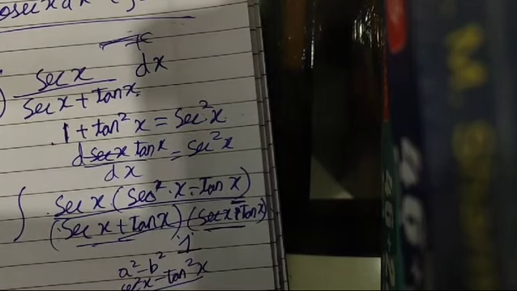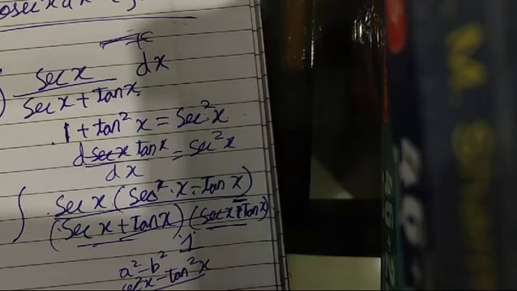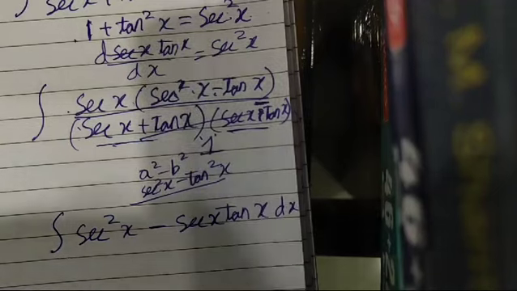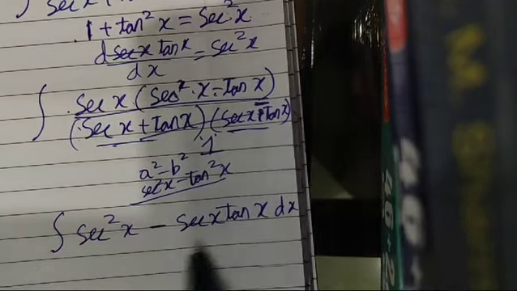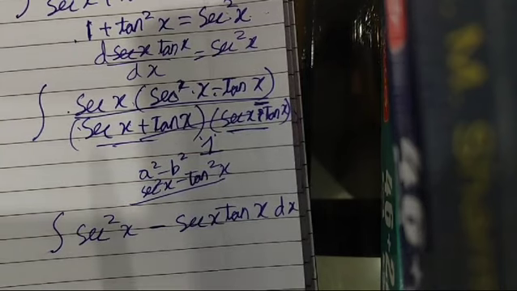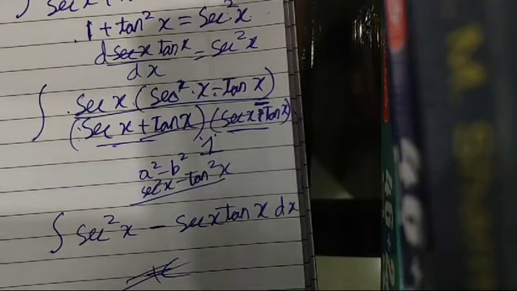So we will get sec square x minus sec x tan x dx. This is the way to solve it. And once again I am telling you, I have reduced it to standard integration. Write the final step by yourself. Add a plus c at the end, and that's your answer.